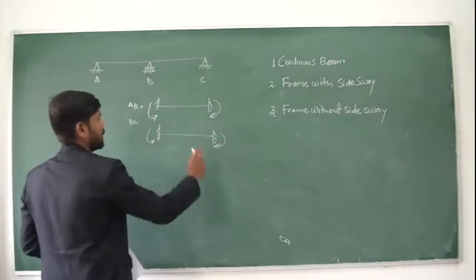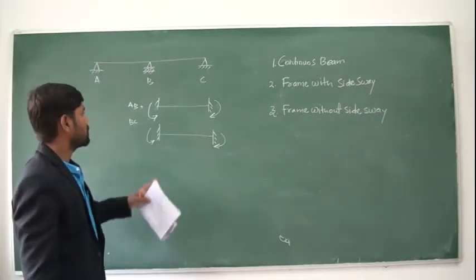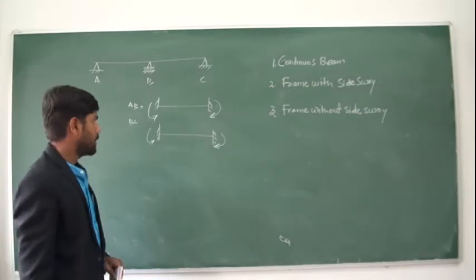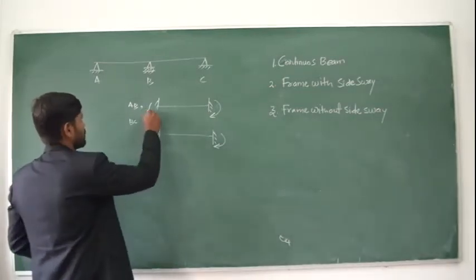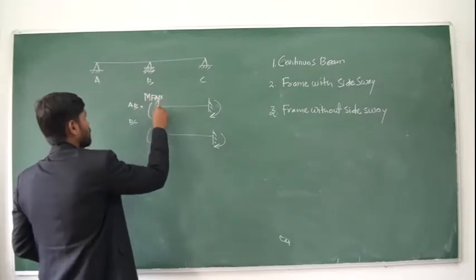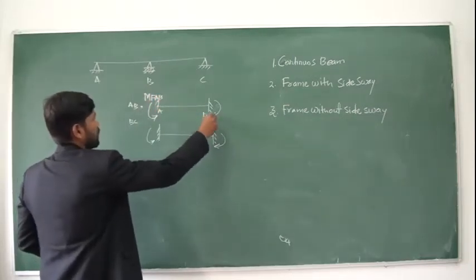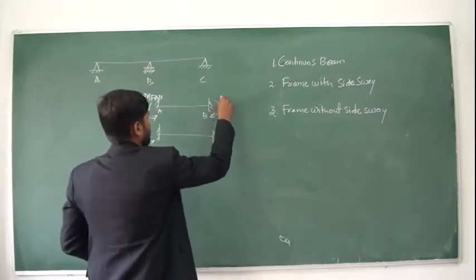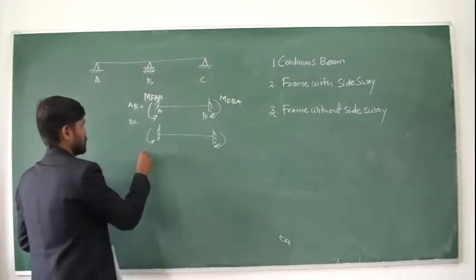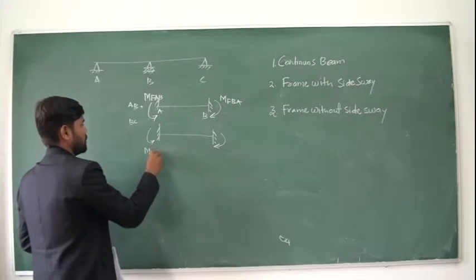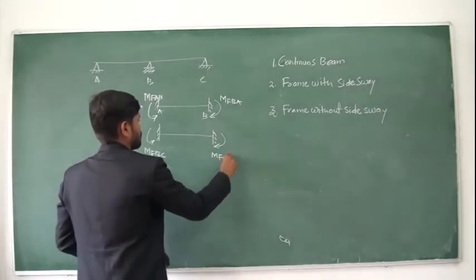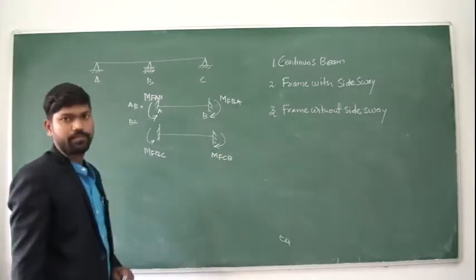The support moment at a fixed support is called the fixed end moment, and it is represented as MFAB. This is A and this is B, and this will be represented as MFBA. Similarly for this MFBC, and for this MFCB.